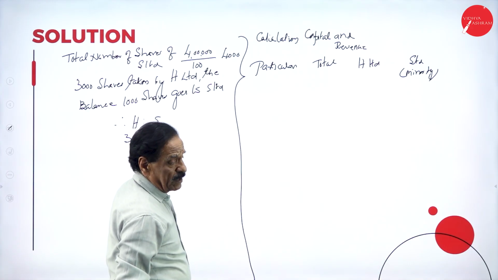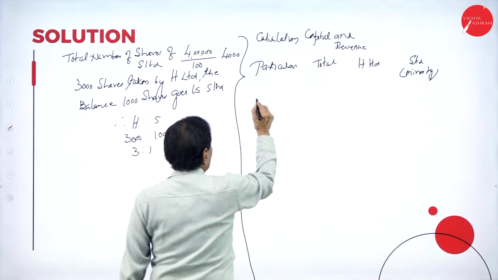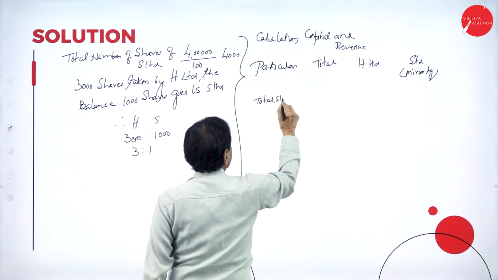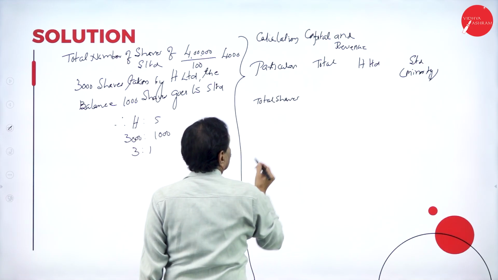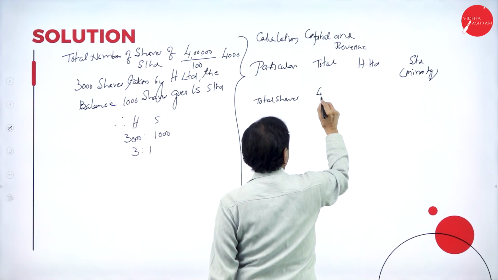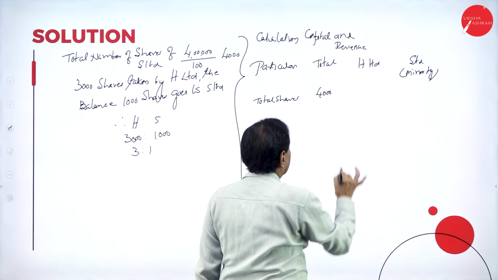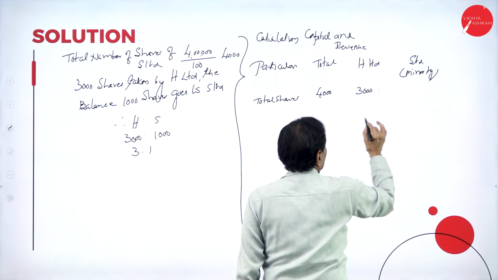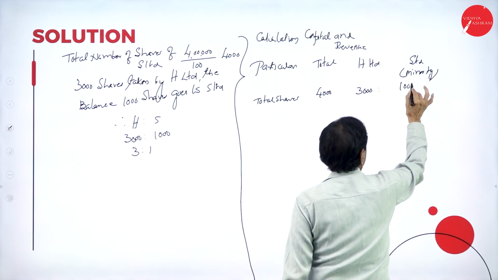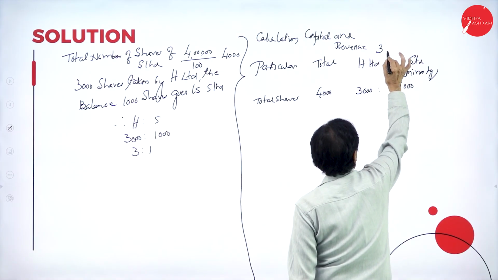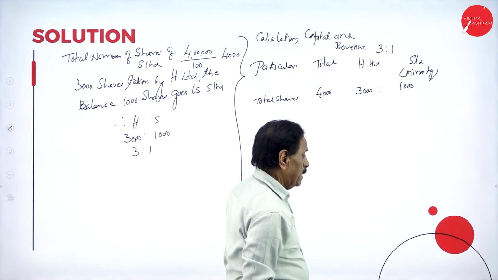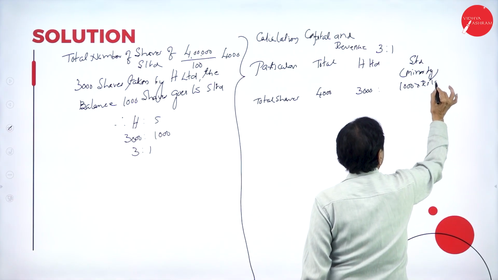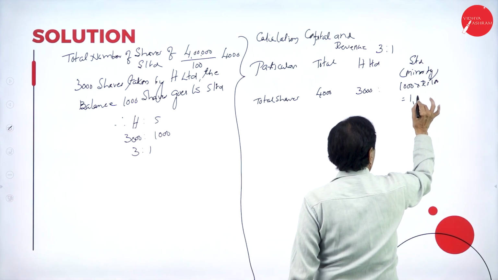Total shares, 4,000, 3,000 taken by H Limited, 1,000 by S Limited. This is 3:1. The rate of the share is 100. It becomes 1 lakh.